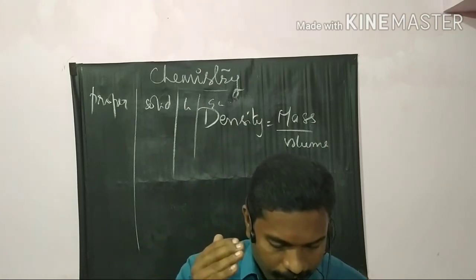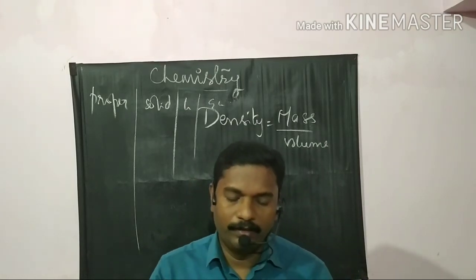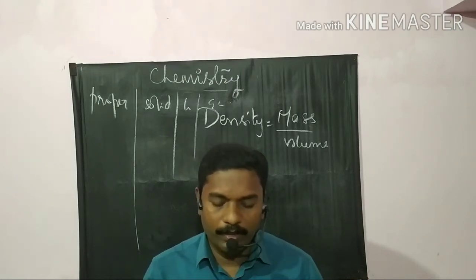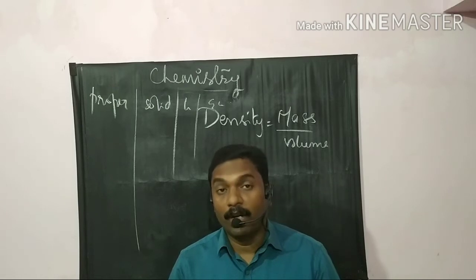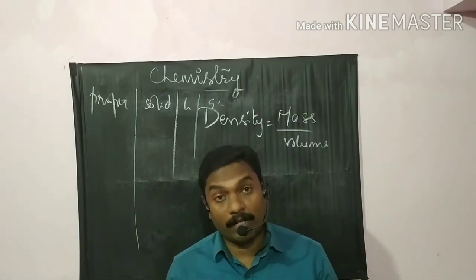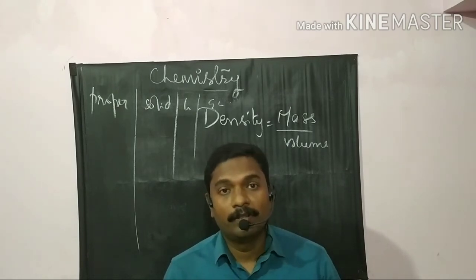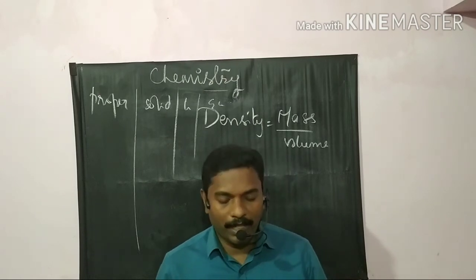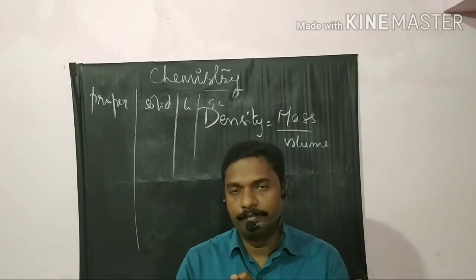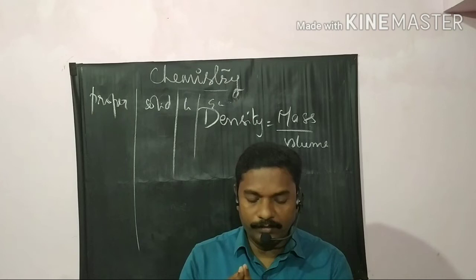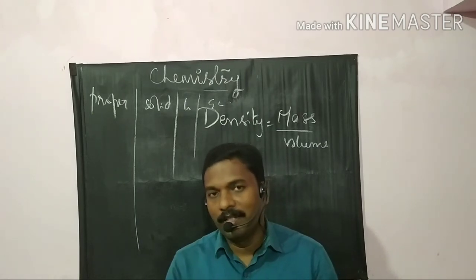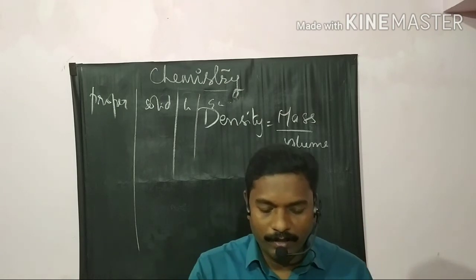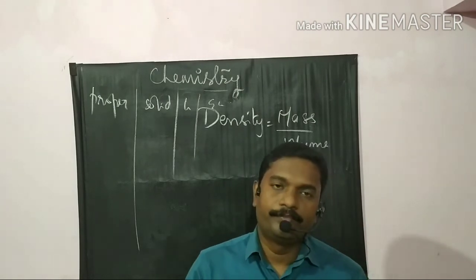Then, a wooden table should be called a solid. Why? What are the properties of solids? They have fixed shape, fixed volume. What about a wooden table?